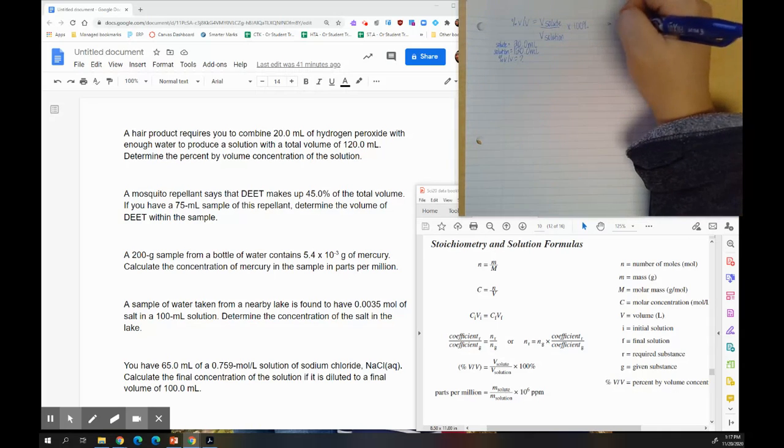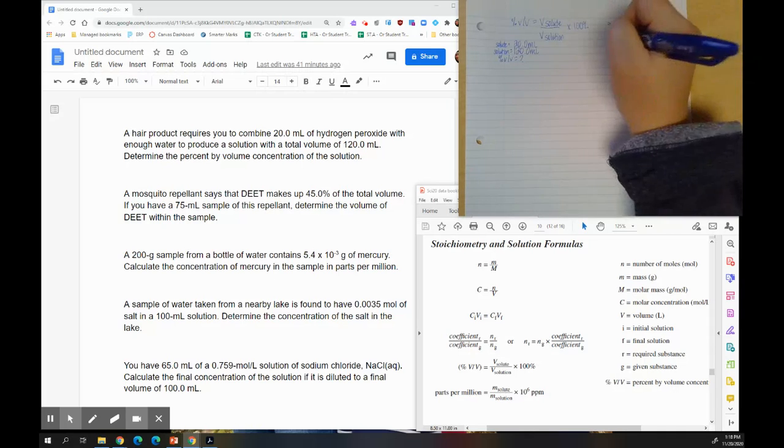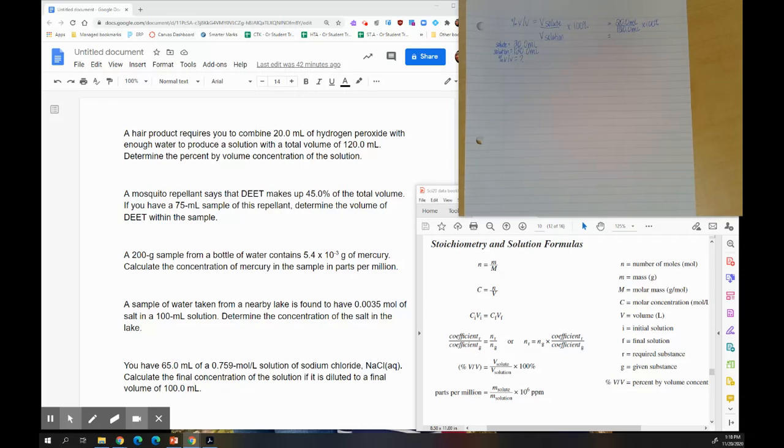So we have our solute, which is 20.0, divided by our solution, which is 120.0, times 100. For my final answer, you want to make sure that it is always in proper significant digits.